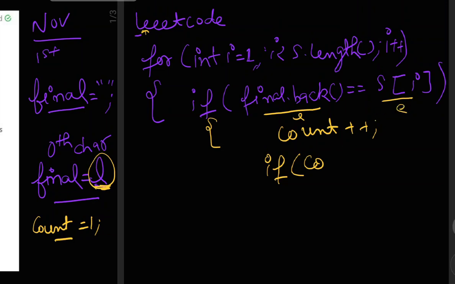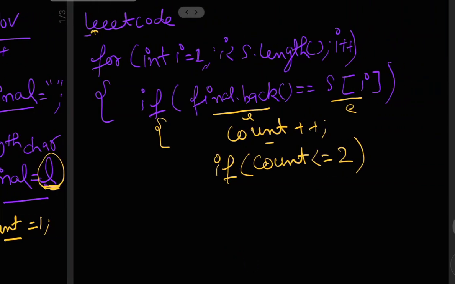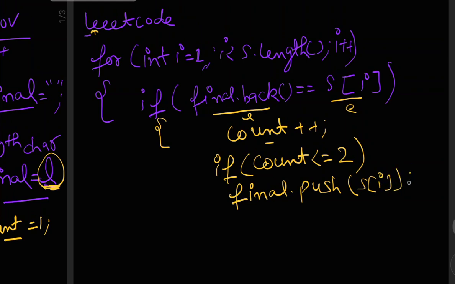No, they are not equal. But in case they are equal, I will increment my count and check if my count is less than or equal to 2. If the frequency of the count is 2 or less than 2, I will append my S of i to the final string.